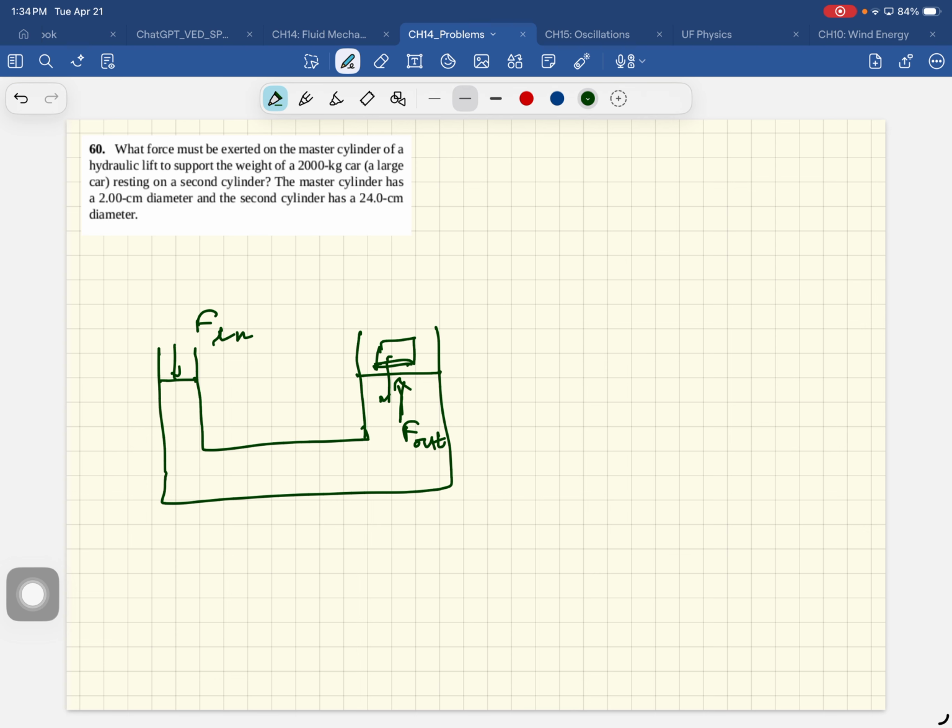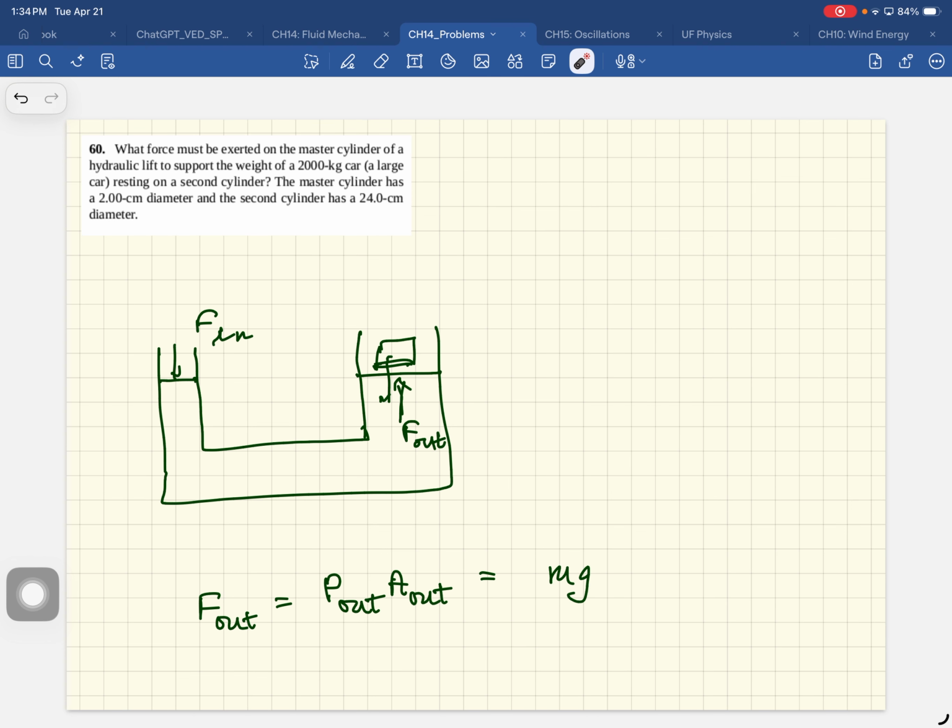Input area is pi r input square. Output area is pi r output square. They tell you the diameter is 2 centimeters, so the input radius is 1 centimeter.